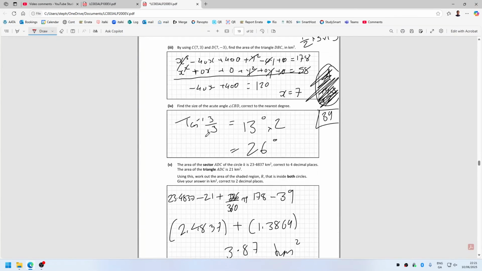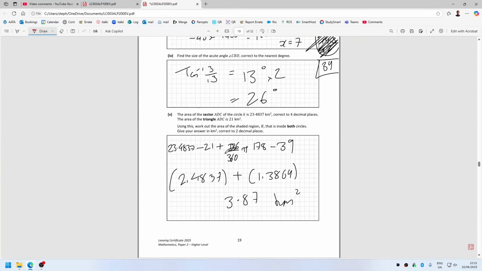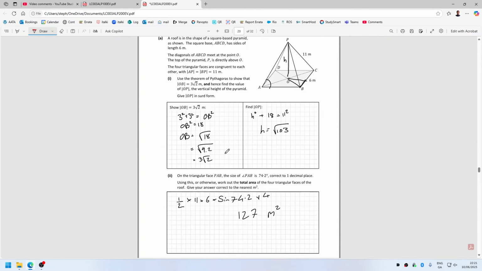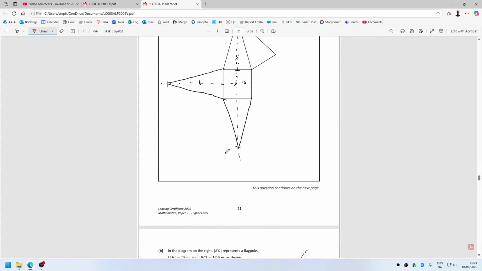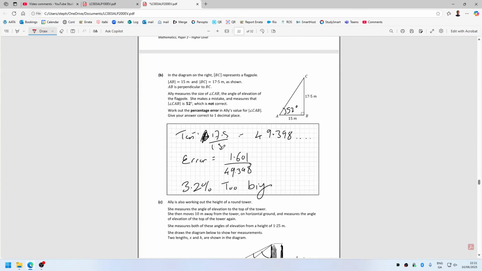Where was it now? There was the one with the error. Yeah, here. Where's my calculator? Why did I say 1.601 was the error? It's tan inverse 17.5 divided by 15, which is 49.